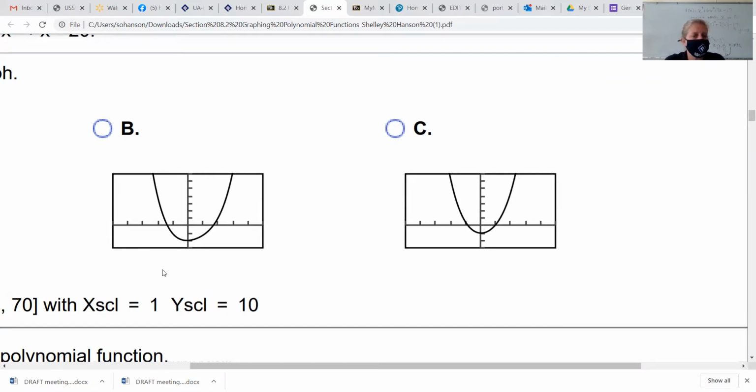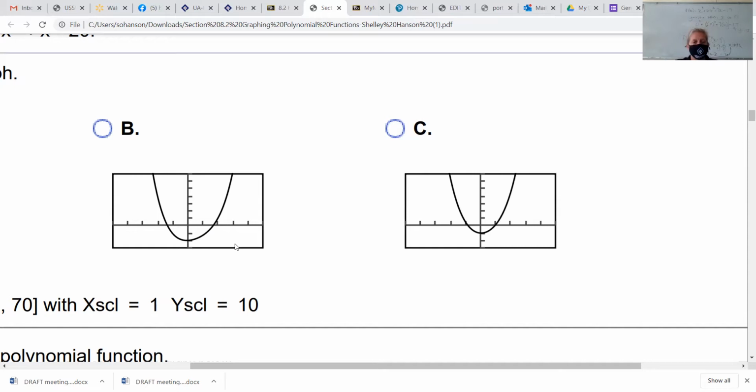X scale being 1 just means your x-axis hash marks are going by 1s. Y scale means that each hash mark on the y-axis is going by 10s. So this is 10, 20, 30, 40, 50, 60, 70. And below the origin would be -10, -20. You see what I'm saying?